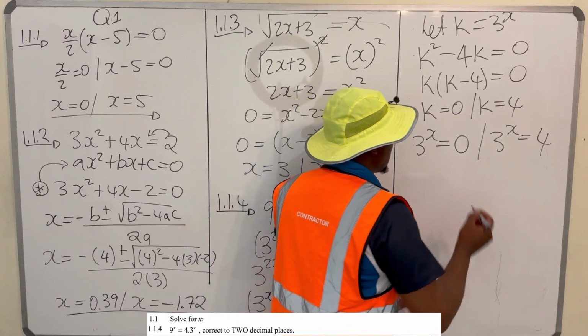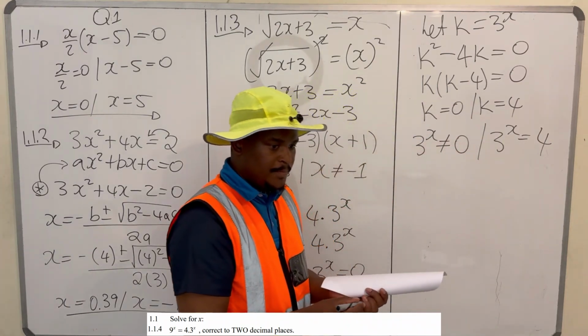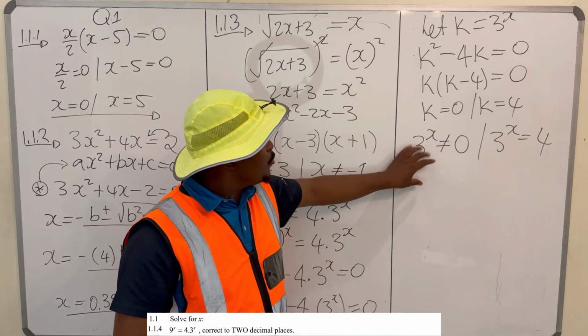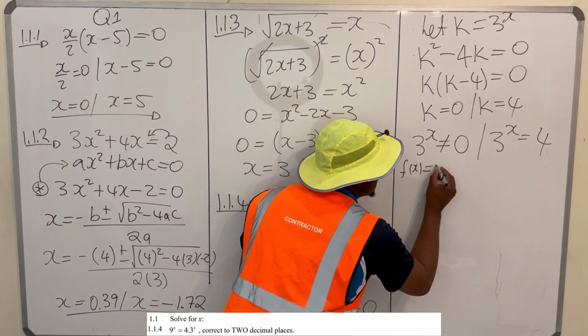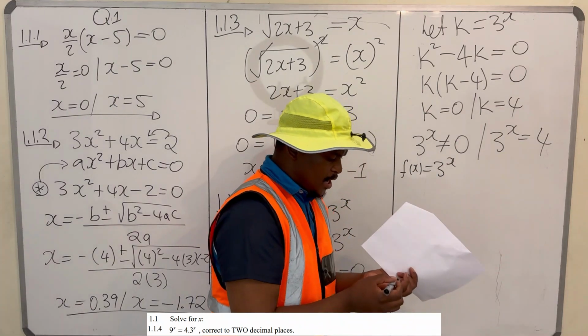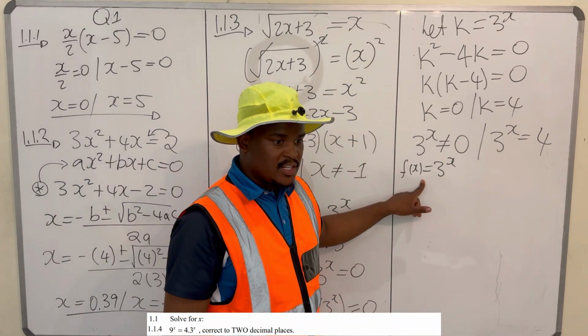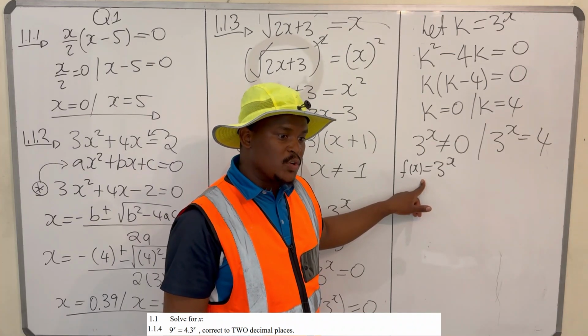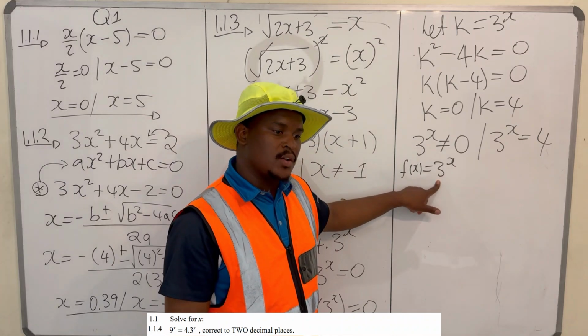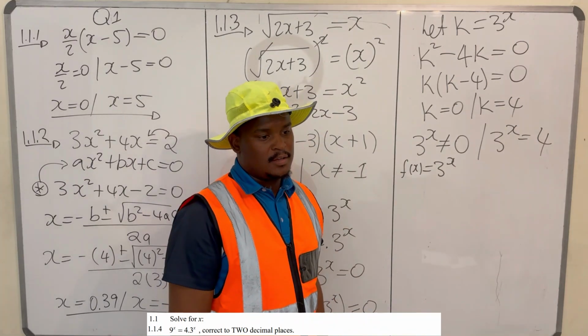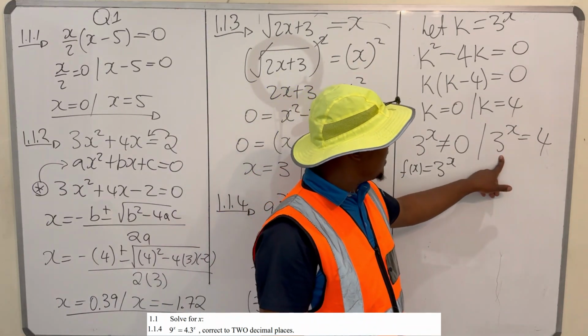Let's say you look at f of x is equal to 3 raised x. This is an exponential function, and it has the horizontal asymptote at y is equal to 0. So there's no way that this will equal 0, so this cannot be a solution here.